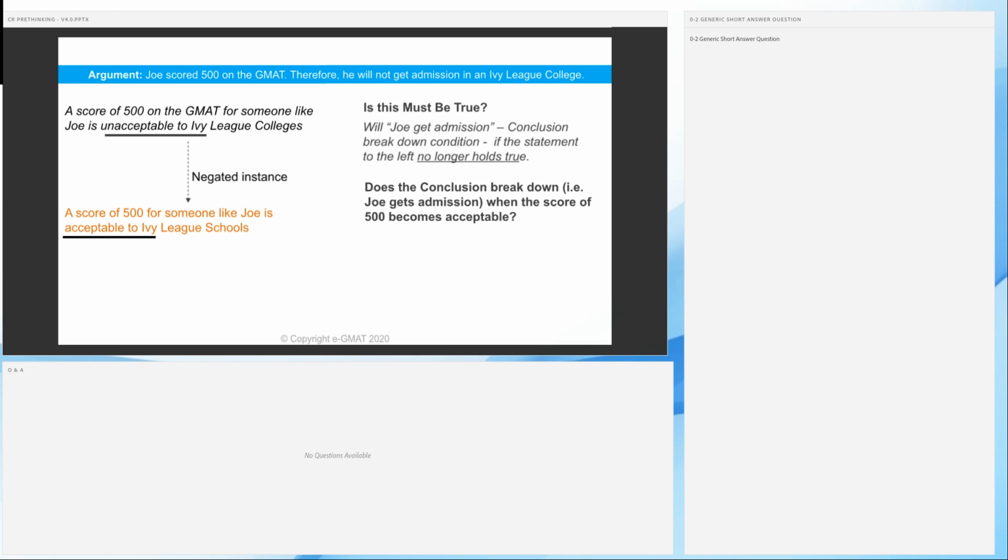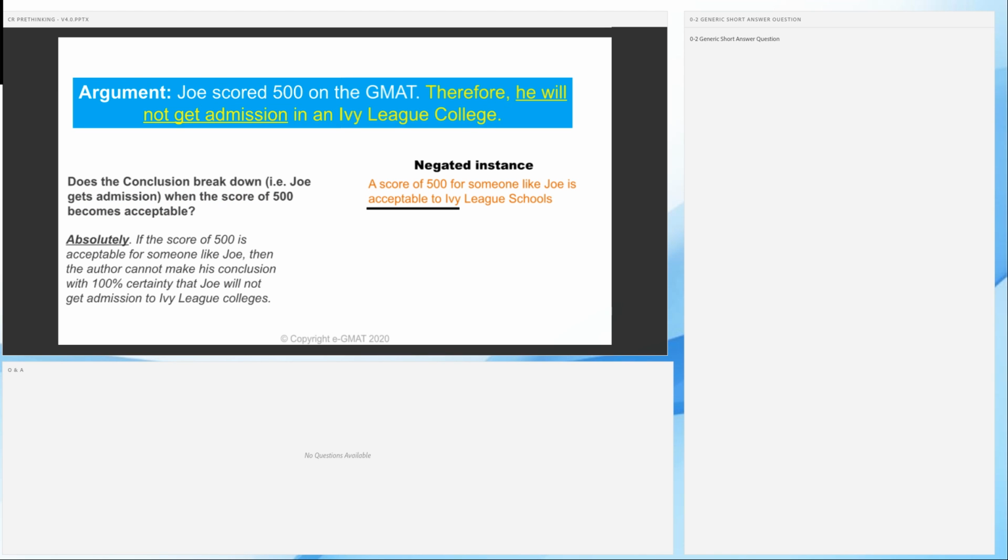Does my conclusion break down when this happens? Absolutely. Because if a score of 500 becomes acceptable, then I, as an author, cannot say with 100% certainty that Joe will not get admission in an Ivy League college. That's really critical here.